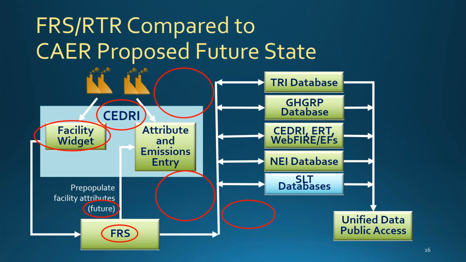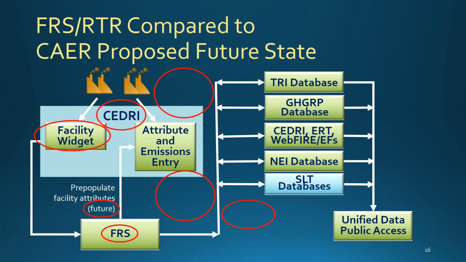And the information would be able to be provided through something that we've called a facility widget, which is created by FRS and is accessed through CEDRI for this project. Could be accessed other places, but that's what we're doing here. That facility widget allows for the collection of facility attributes, and then those data get sent to the FRS there at the bottom.